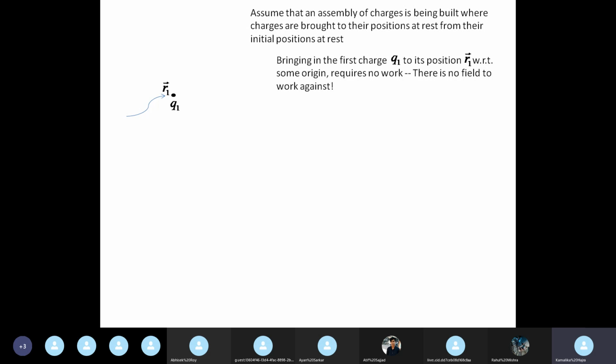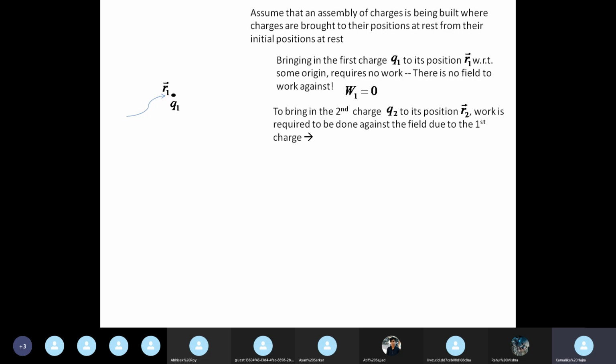So W1 is 0. You can just bring Q1 and keep it at R1 without doing any work because there is nothing there to do work against.